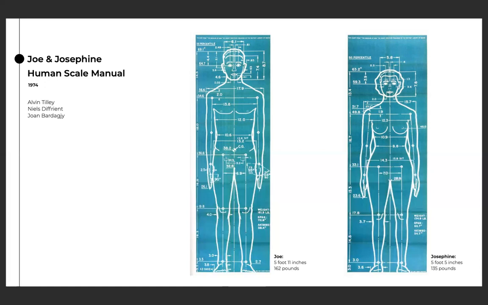So you can imagine between 1940 and 1960, the lack of diversity in these measurements. So again, we're looking at this 70 years later. So our bodies have gotten a little bit wider. They've gotten a little bit taller. They might have gotten a little bit shorter. Might have gotten a little bit thinner.